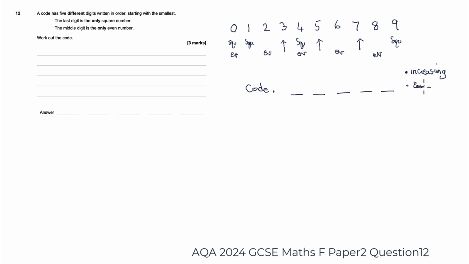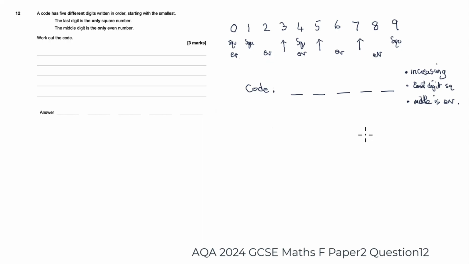Last digit, that's the 5th digit, that's this one, is a square. Middle digit, that's this one, is the only even digit. And that's all we're told.